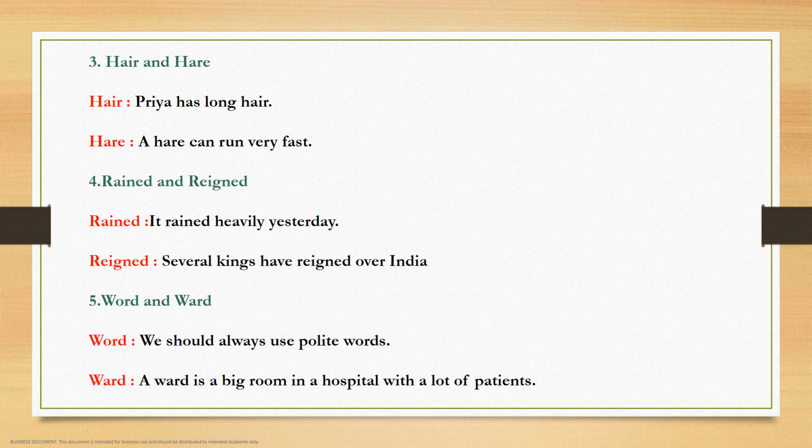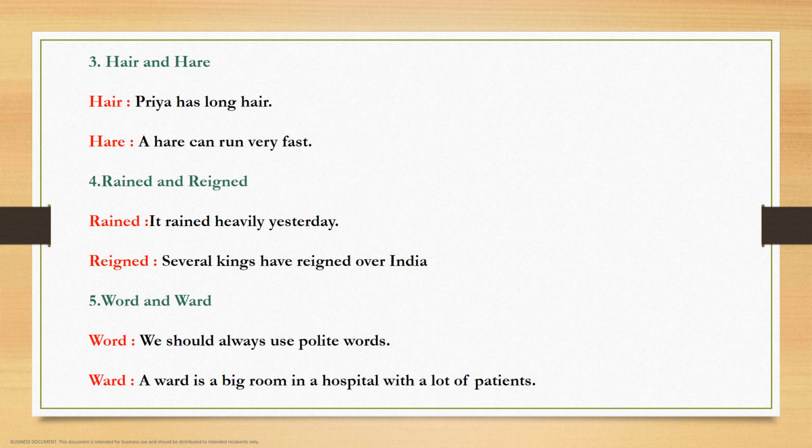So if it is written a hare can run very fast, it means the kind of an animal, a larger rabbit, runs very fast. It has not got anything to do with your hair on your head. Okay, so I hope the difference is clear. H-A-I-R, hair, is hair on the head, and H-A-R-E, hare, is an animal. It's a mammal.